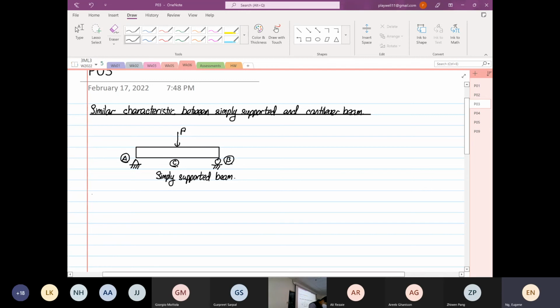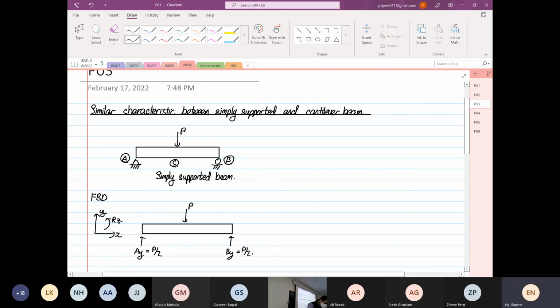So if we draw our free body diagram, X, Y, and this is rotation about Z. So we know over here you have AY, and over here you have BY, and over here you have P, and we know that AY is P over 2, BY is also P over 2.